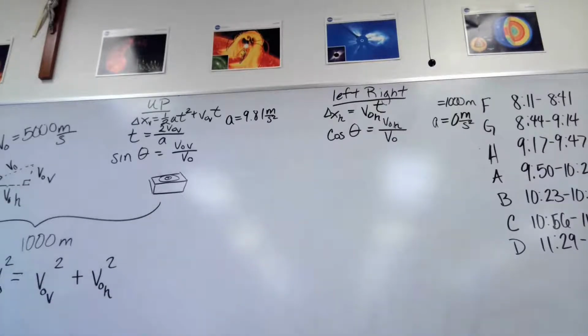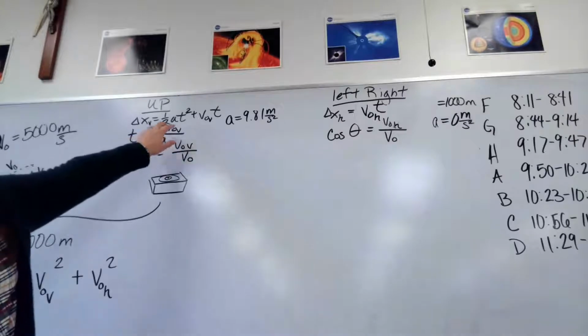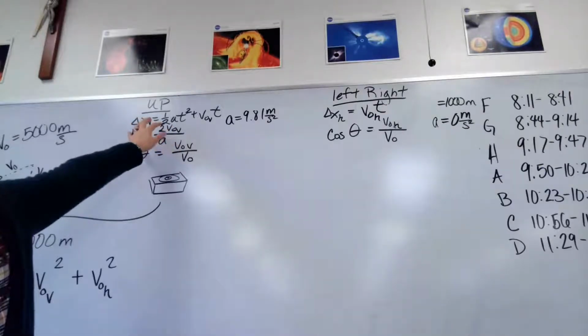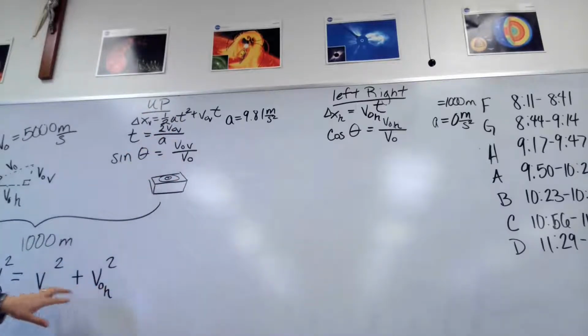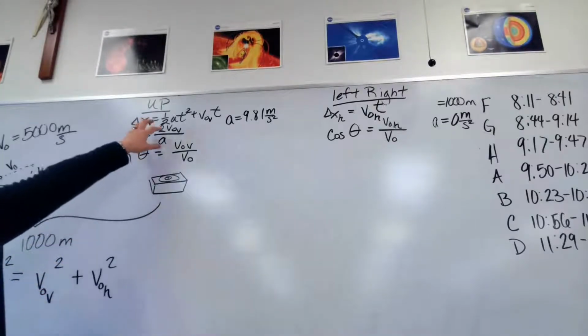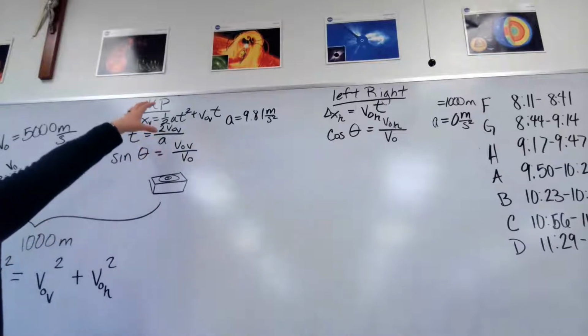So now we can go through and get rid of one of our things here. I'm trying to think which one would be the easiest one to get rid of. Let's leave V naught vertical, because time is going to be thrown in a whole bunch of other places. And so if we solved this for V naught vertical to get rid of it, that would mean that we'd have a lot more stuff that we're subbing in.